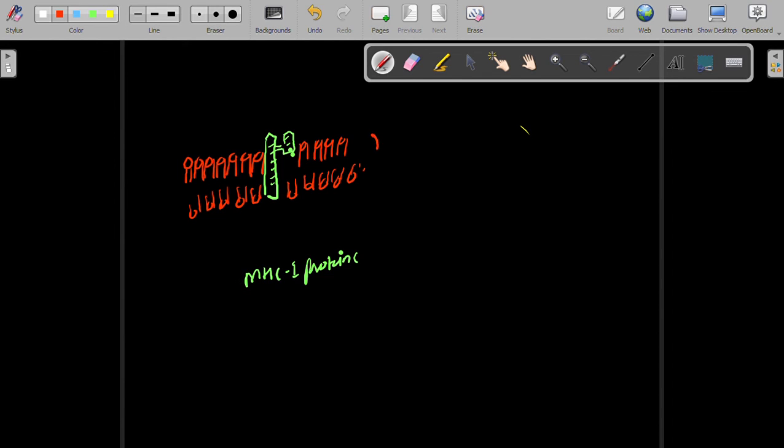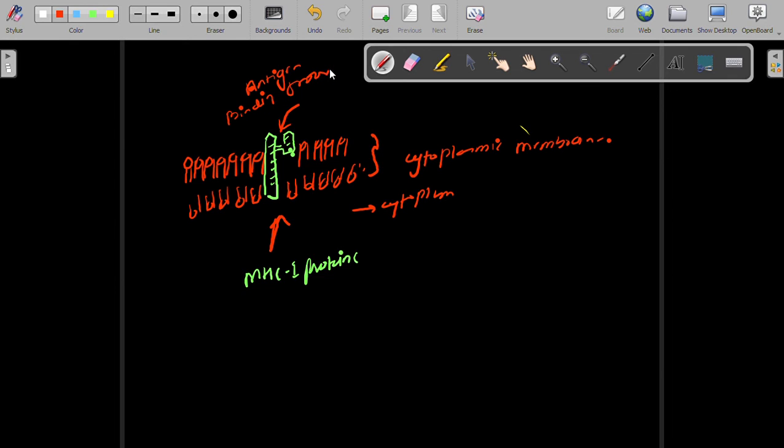This is the cytoplasmic membrane. This is cytoplasm, and this is class 2 MHC. Suppose this is the antigen binding groove, and these are two polypeptides.